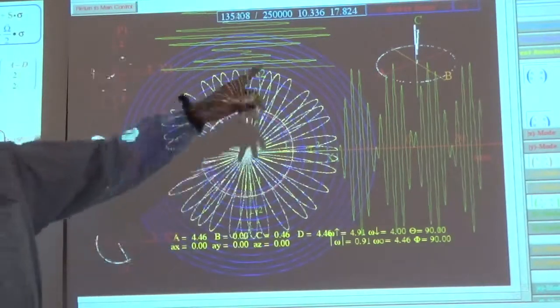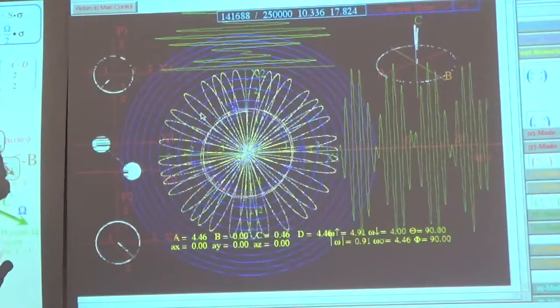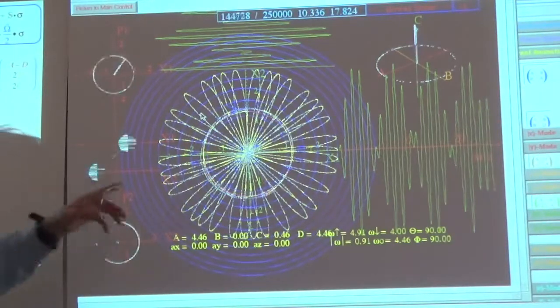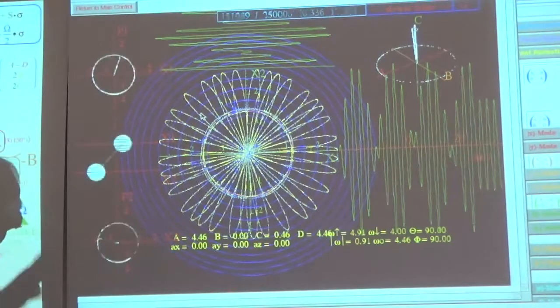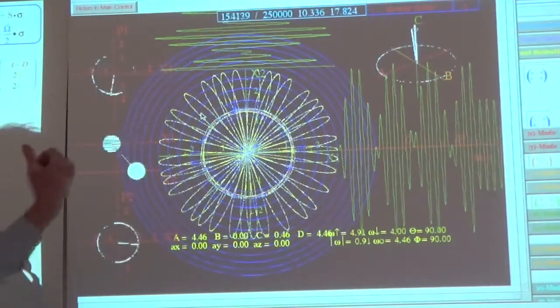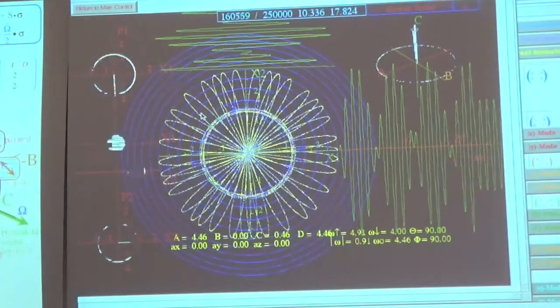So now I've got my spin vector almost, not quite, but almost on the c-axis, and you can see I'm pretty much just making a circle. I've got mostly right-handed, but a little bit of left-handed in there, and you can see it's making the thing make a fat trace.